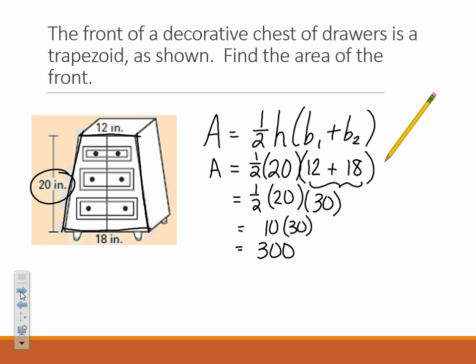So the area of the front of this dresser is 300, and now let's remember our units: square inches, okay? 300 square inches. That's how we would use that area formula for a trapezoid. We would plug in the numbers we have and calculate that. You can type it in the calculator at any point if you want to. I just modeled that by doing it by hand.